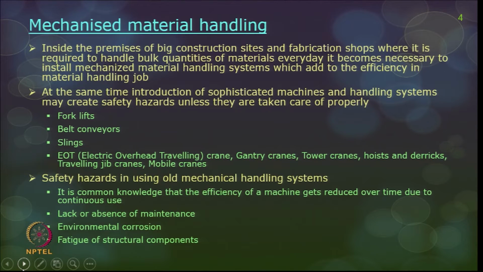Environmental corrosion, maybe rust and other issues can spoil the usage of the machine progressively. Then fatigue of structural components because of wear and tear and overloading on the material handling equipment, the structural components may get weakened and fatigued. As a result it may crack and it may also break.